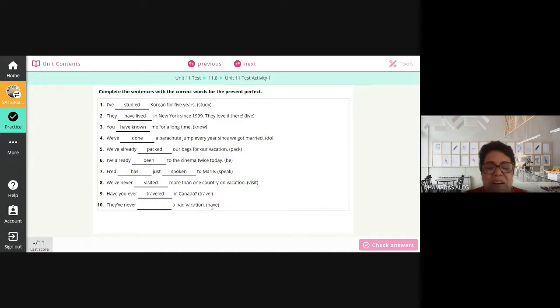What's the past participle of the verb to have? Oh, by the way, the verb to have is irregular, okay? What is the past participle of the verb have?